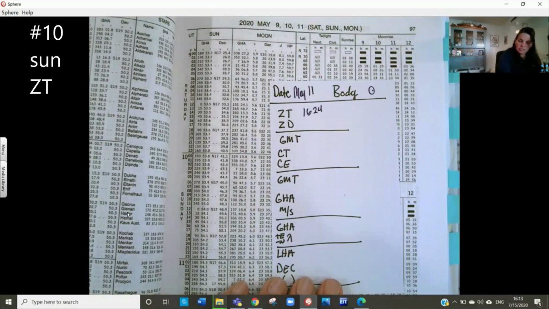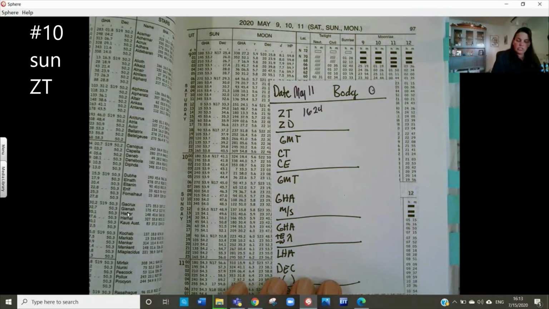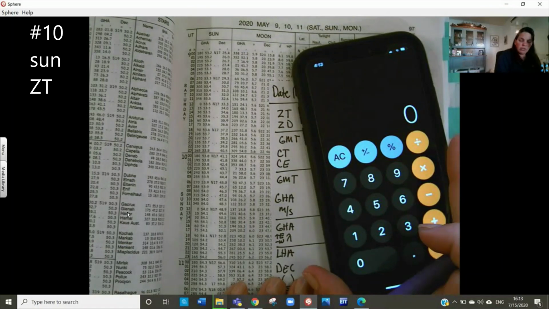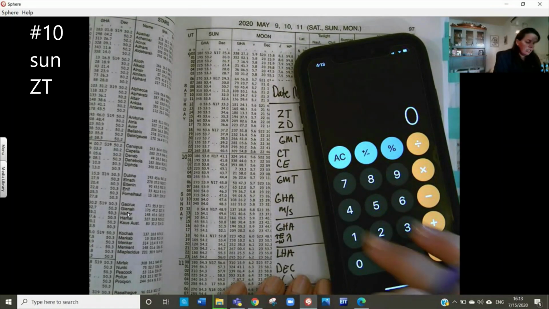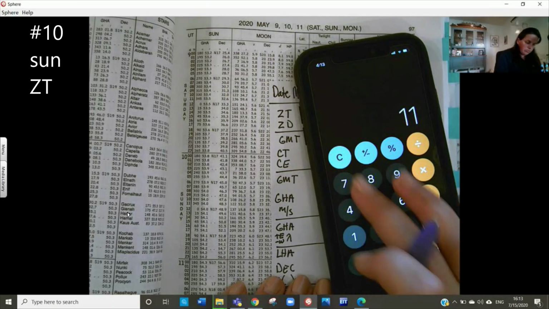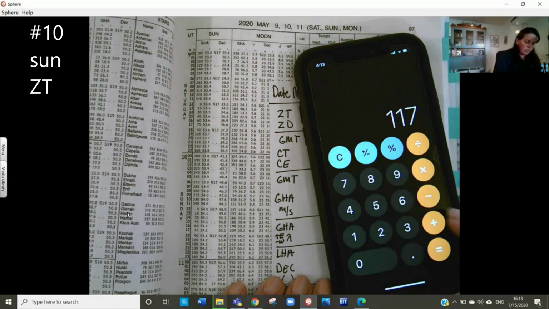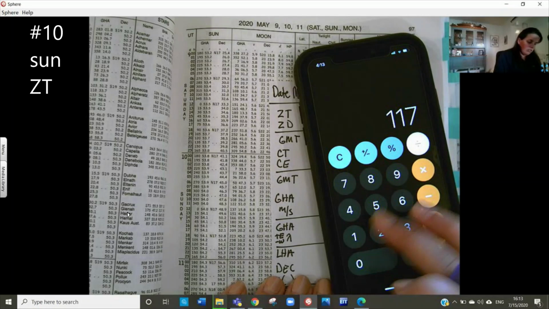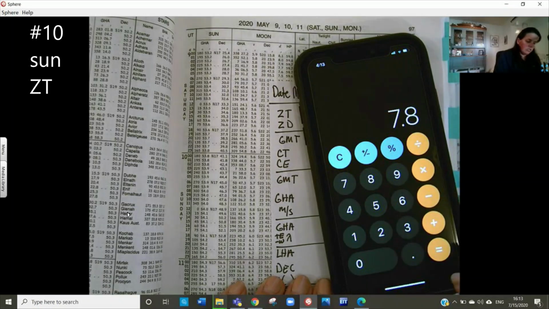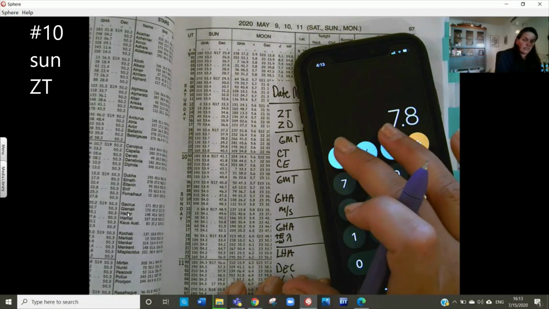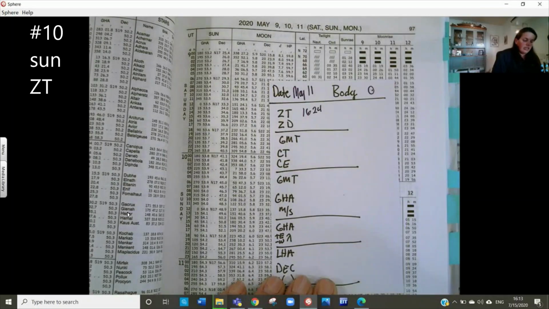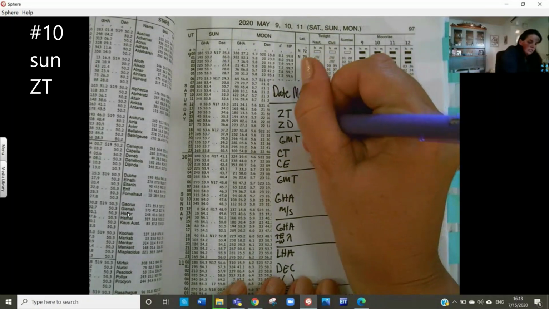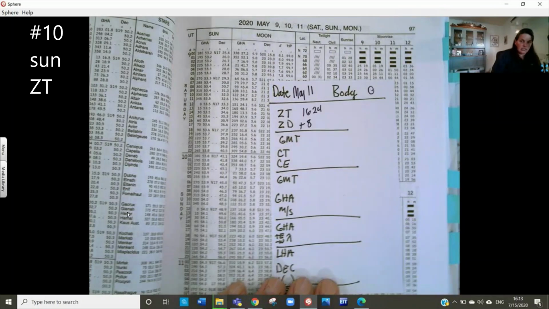So our zone time is 16:24, and our zone description we don't have, but we have our longitude divided by 15 gives us 7.8, a zone description of +8.